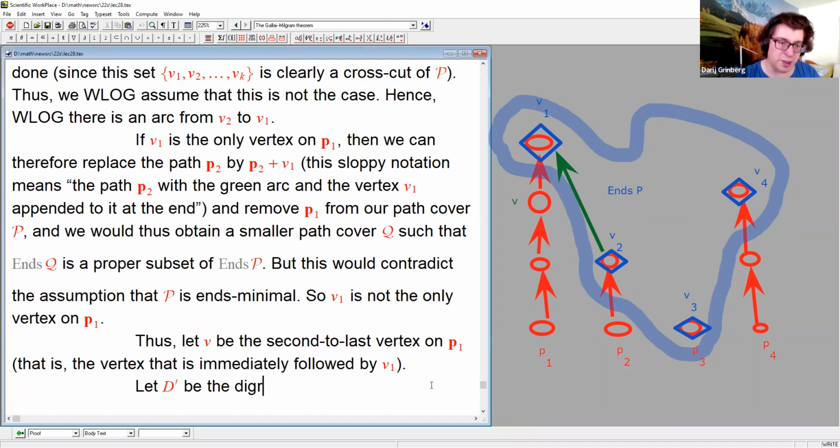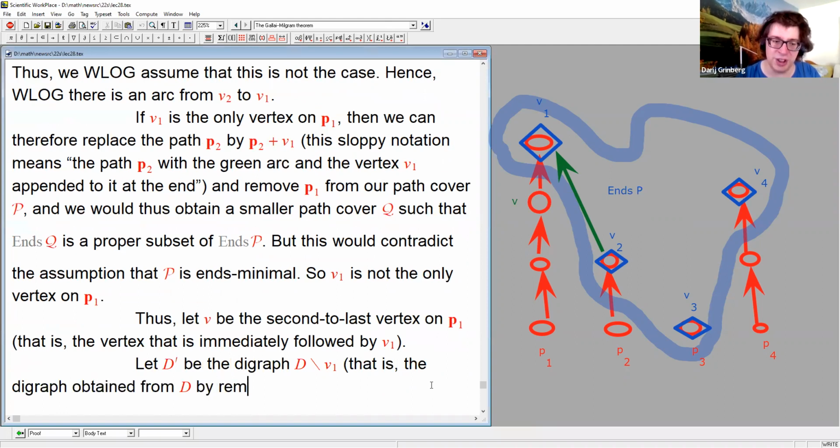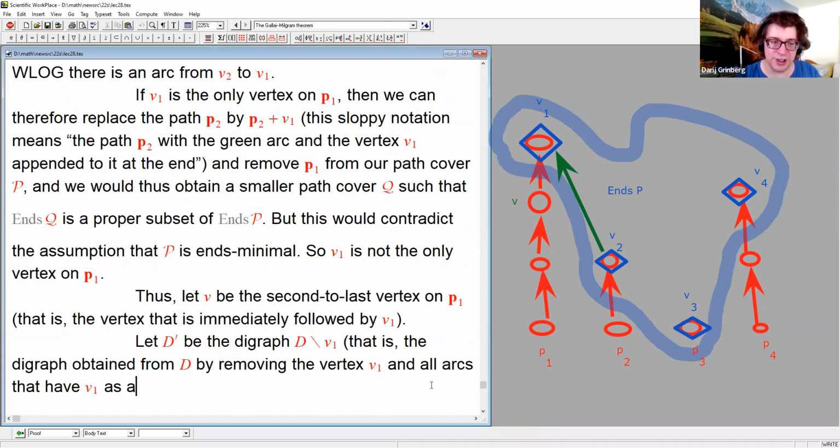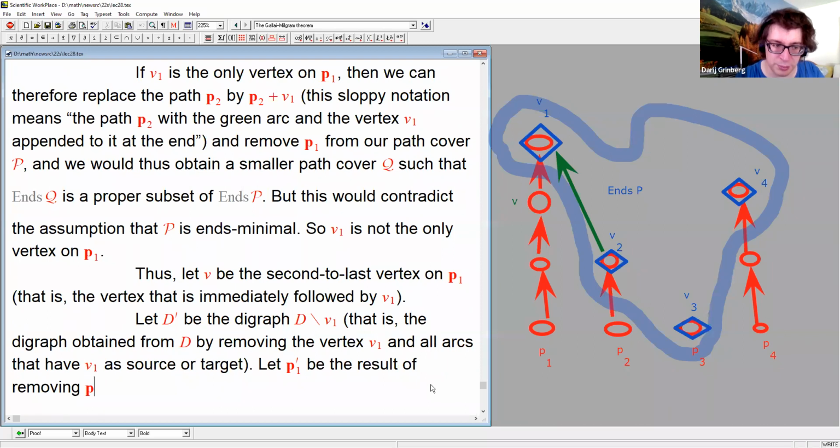Let D prime be the digraph D without V1. So in other words, the digraph obtained from D by removing the vertex V1 and all arcs that have V1 as source or target, or the induced subdigraph on the set V without V1. So let P1 prime be the result of removing V1 from the path P1.